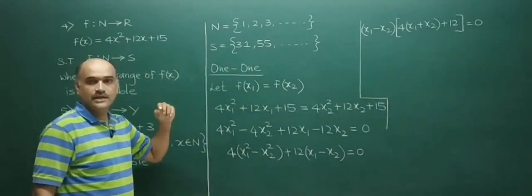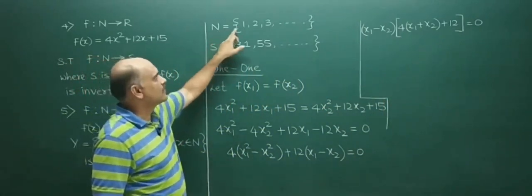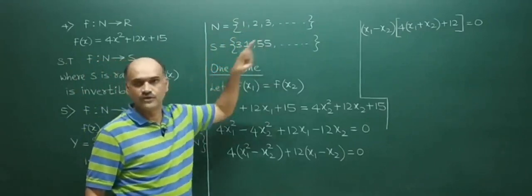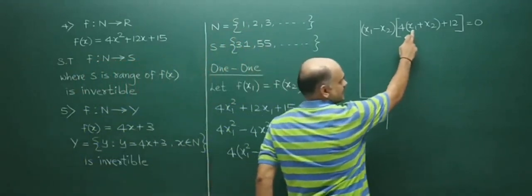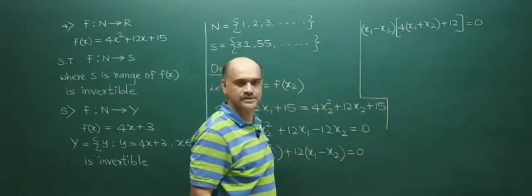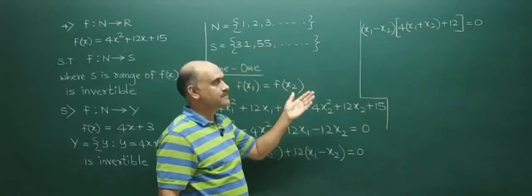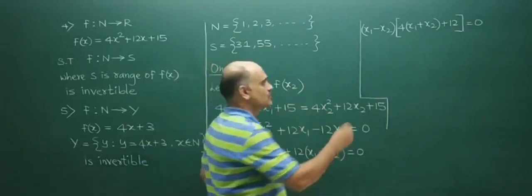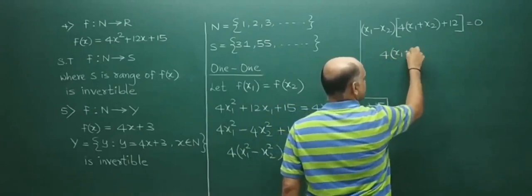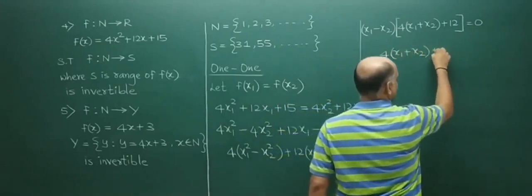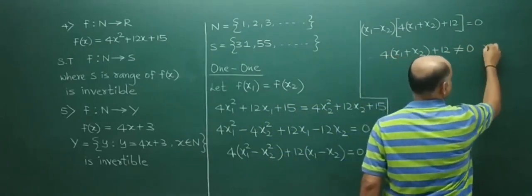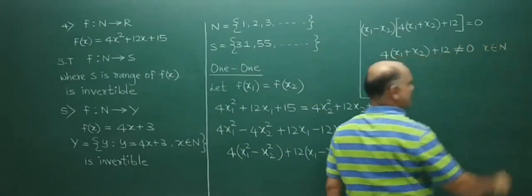So you will never have 0, because x takes the values 1, 2, 3, 4, so neither x1 nor x2 is negative. If all are plus, you will never get 0. Therefore 4(x1 plus x2) plus 12 is not equal to 0, because x belongs to N, natural numbers.